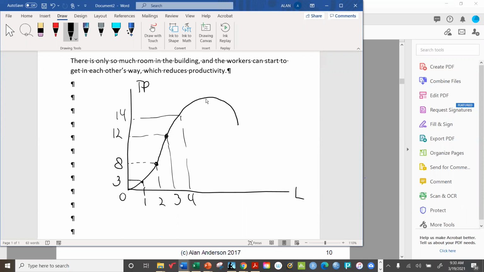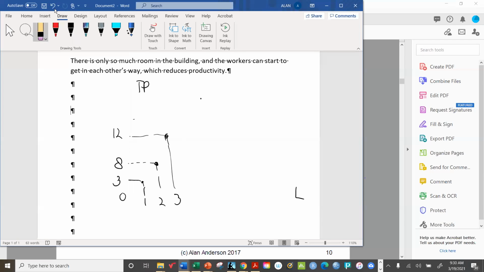How can I fix this? I'll tell you what, let's do this. Yeah, the curve itself has to be fixed. You know what, I'll tell you what I'll do. How about if instead of drawing the curve in advance, I will draw the points and then I'll fill in the curve. That might be a better strategy.